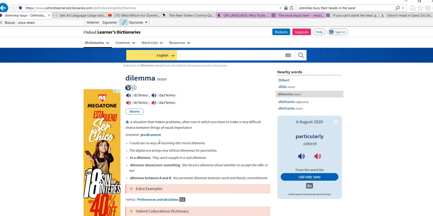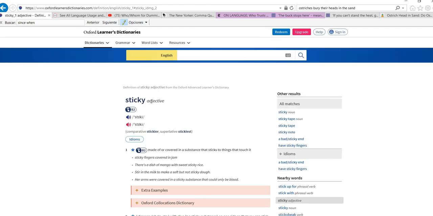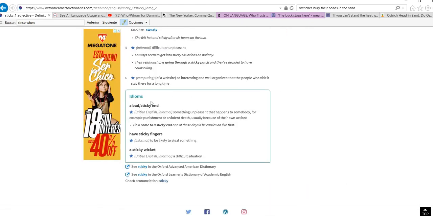Also in a jam, in a fix, in a hole, in trouble, in a sticky wicket. I'm mentioning that one because maybe you know it, but I don't know. Okay, so all expressions to show trouble.